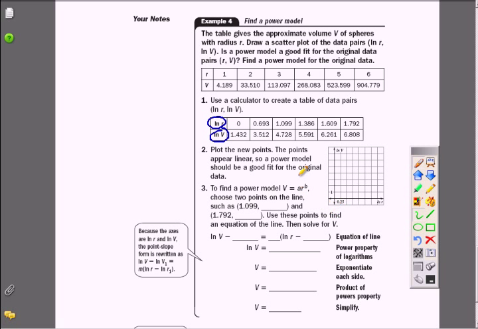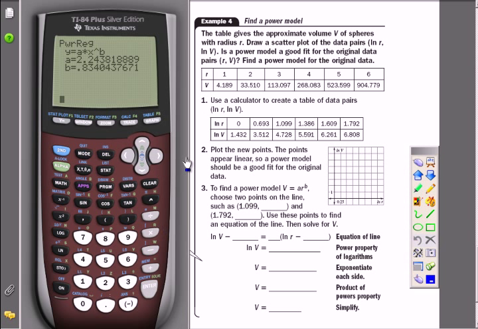But probably what I would do is that same method we did earlier: type this into your list and get a power model. So let's do that one more time. Here we go, power model. We're going to go to our calculators and pull those out. Everybody follow along with me. If you could edit your list right along with me, that would be great.